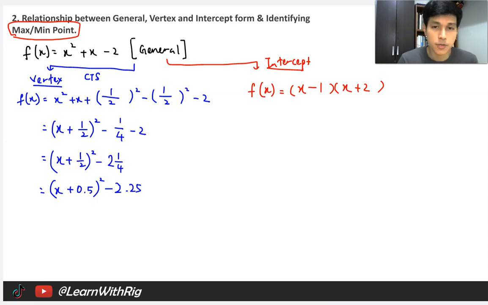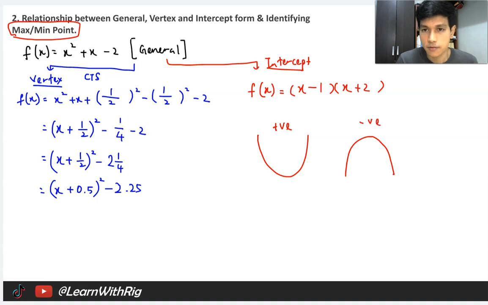See, when we draw a quadratic function, it's either going to be a U shape or an N shape, correct? If it's a U shape, that means it's a positive graph. If it's an N shape, it's a negative graph. Okay, so a is a negative value here, and this a is a positive value. So U shape and N shape.